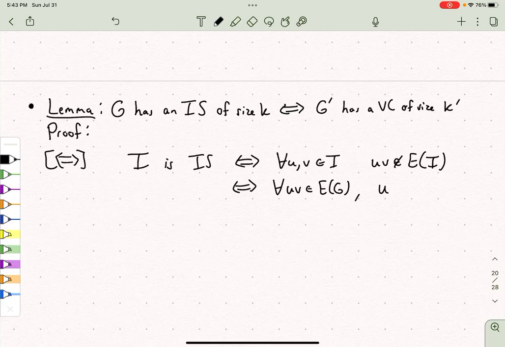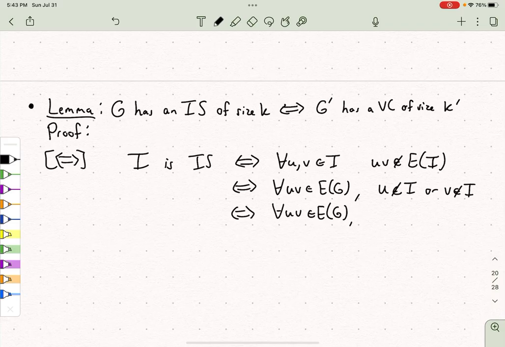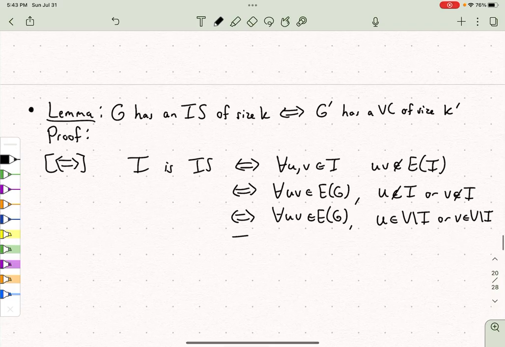So let me just say u is not in I, or v is not in I, to emphasize that. This happens if and only if for every edge in the graph, u is in V minus I, or v is in V minus I. And that's exactly the definition of a vertex cover.